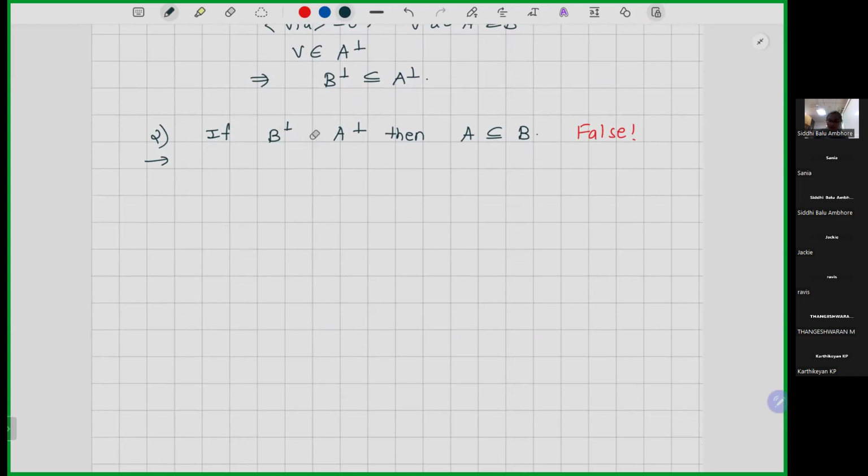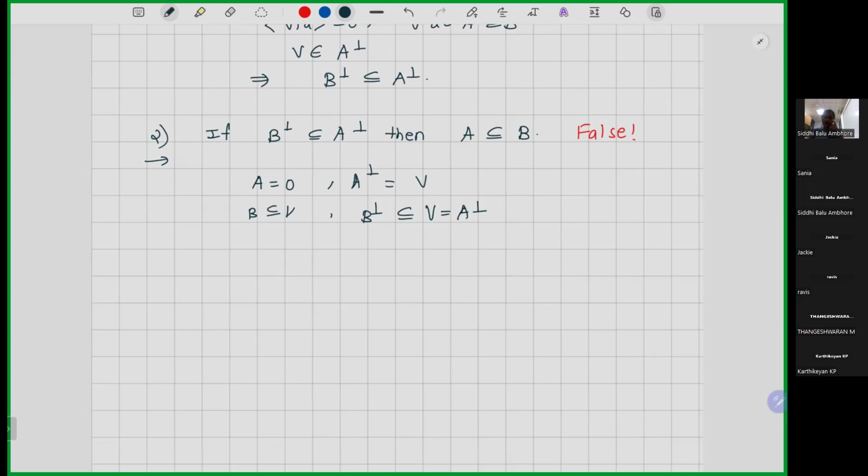Any counterexamples? Yes, A as the zero set. If A is zero, then A orthogonal complement will be entire V. And B could be anything. Let B be any subset of V. Whatever B perp is, it is still a subset of V, which is A perp.